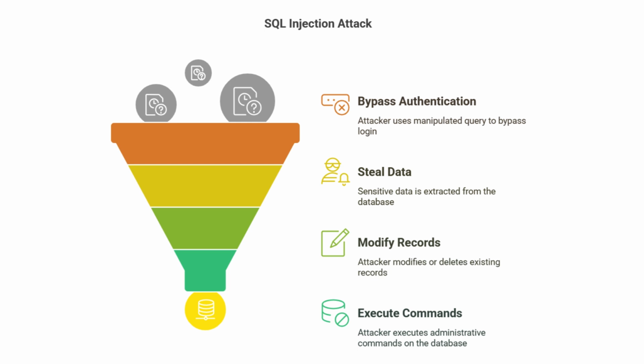Alright, now let's focus on SQL security mechanisms, one of the most critical aspects of database security. Since most databases use structured query language, SQL, to store, retrieve, and manage data, attackers often try to exploit vulnerabilities in SQL-based systems. Think about it.